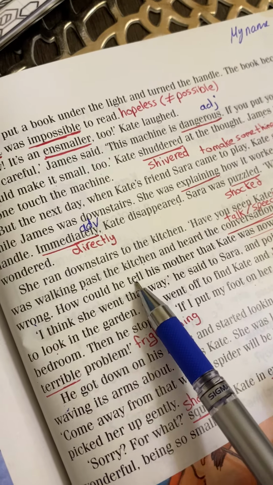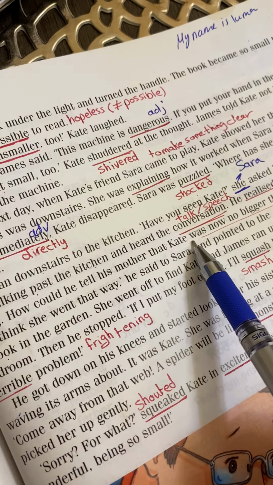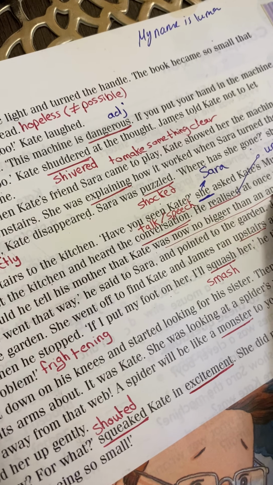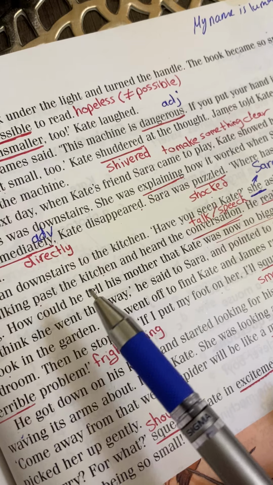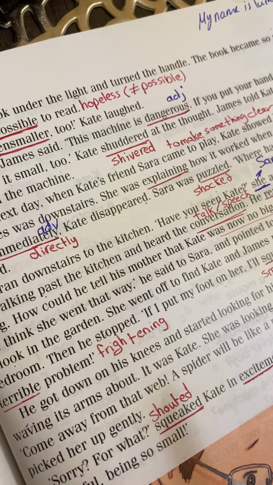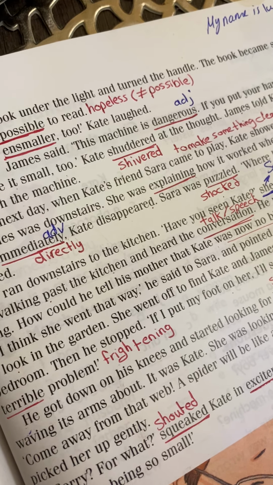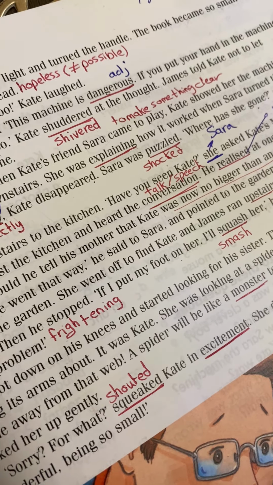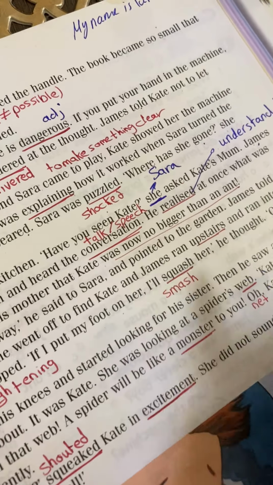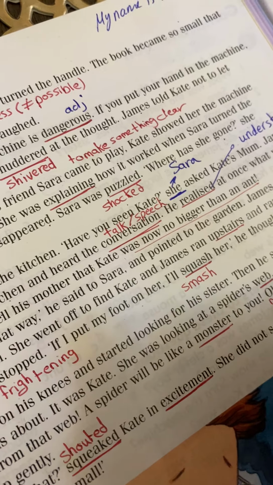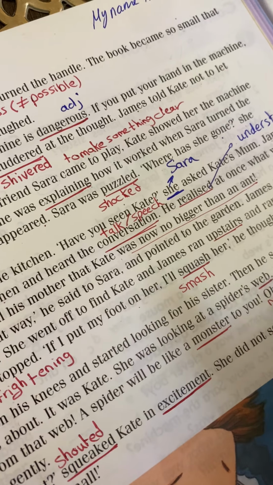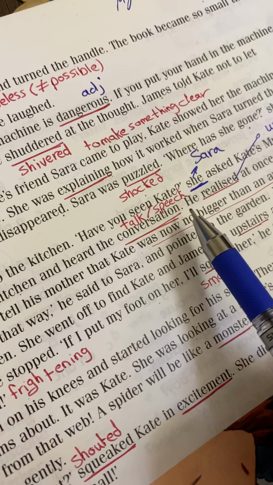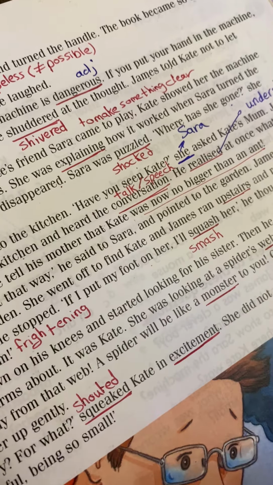How could he tell his mother that Katie was now no bigger than an ant? يعني he doesn't know how he can tell his mother that Katie is no bigger than an ant. So the size of Katie is very small. Okay? So the ant is bigger than Katie.